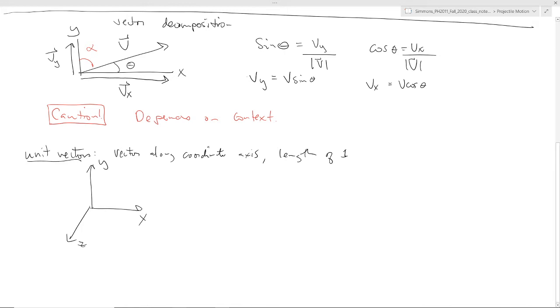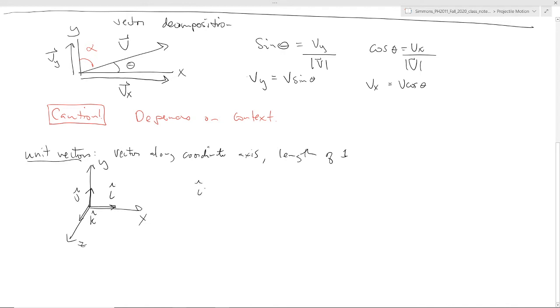So you can think of these little vectors as being centered at the origin. And the convention is i hat, j hat, and k hat. The little hat on the vector indicates that it's a unit vector.